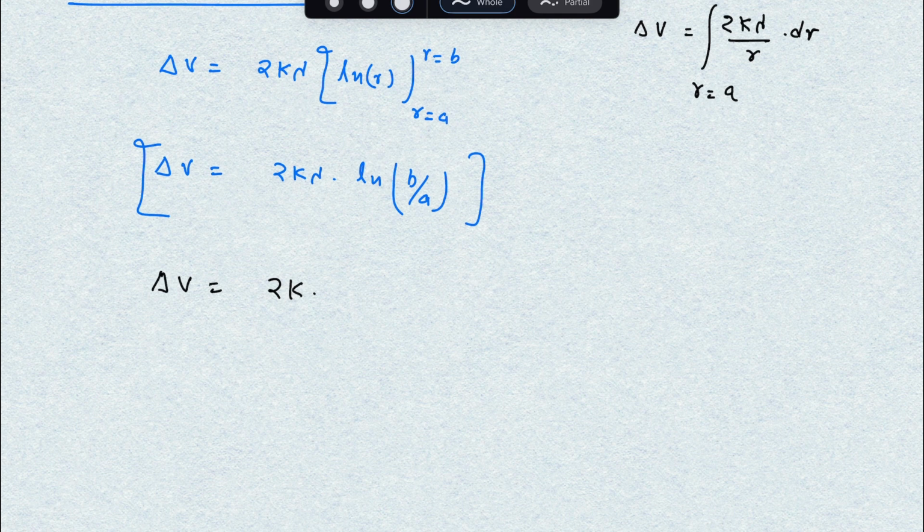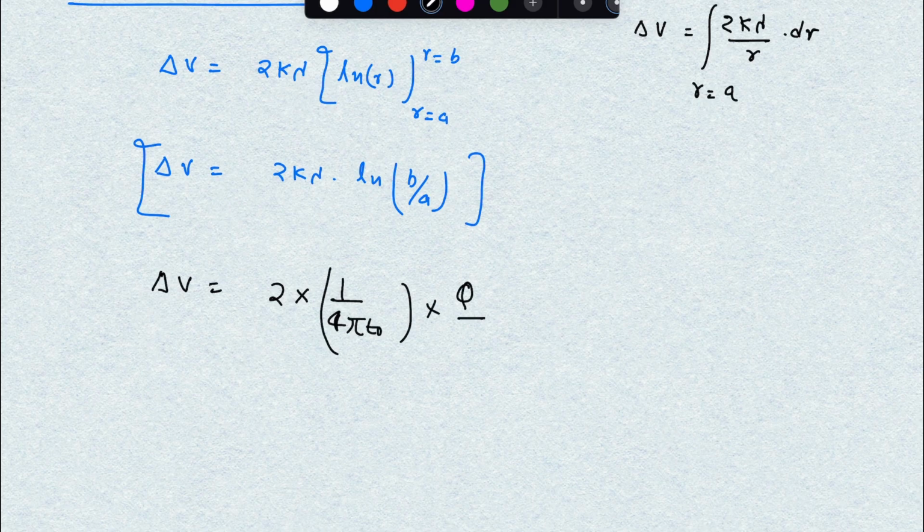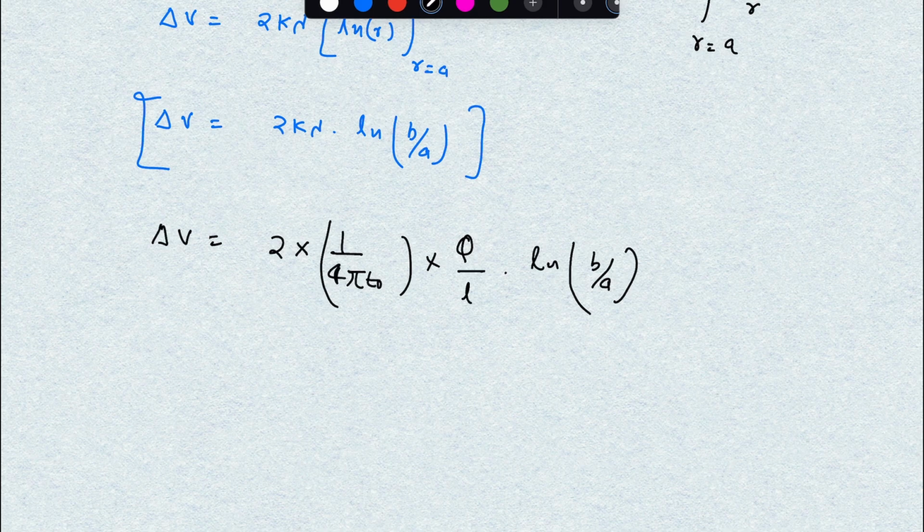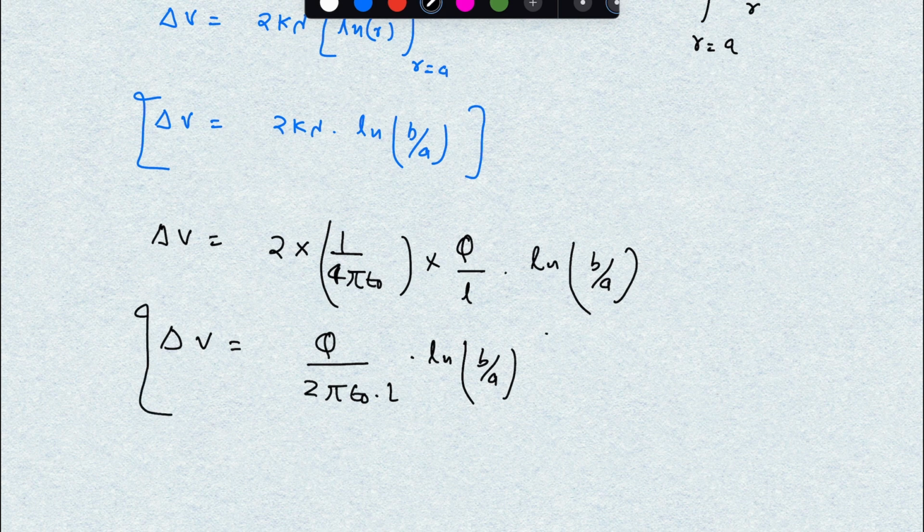Let us place each value here. 2 times k is 1 divided by 4 pi epsilon naught, and lambda is q divided by L, times ln b divided by a. So from here we get delta V equal to q divided by 2 pi epsilon naught L times ln b divided by a. This is the potential difference in terms of q.